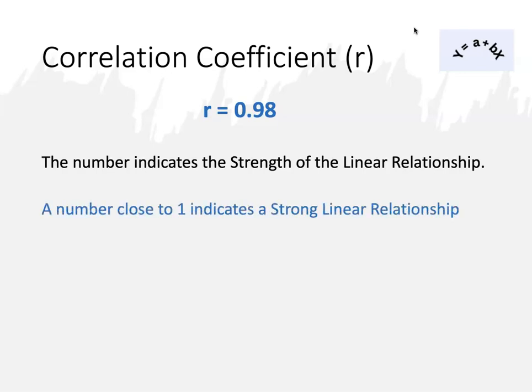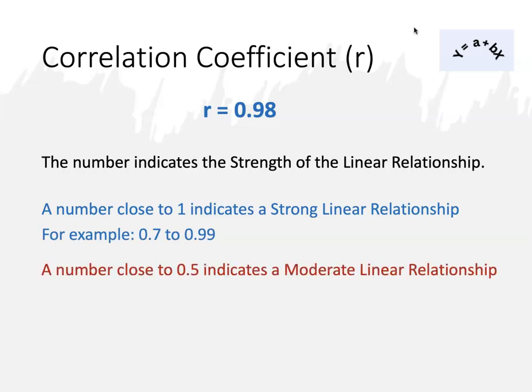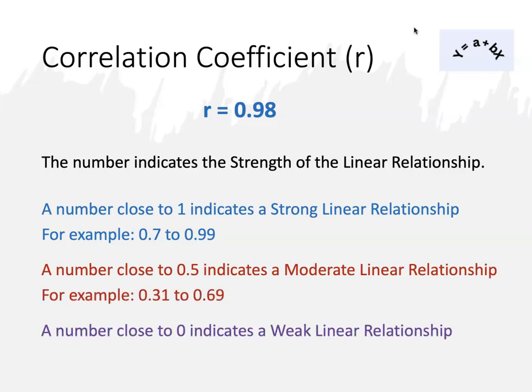The closer the number is to 1, whether negative or positive, the stronger the relationship. So a number close to 1, a strong relationship. A number close to the middle, which is 0.5, is a moderate relationship. And a number close to 0 would be a weak relationship.